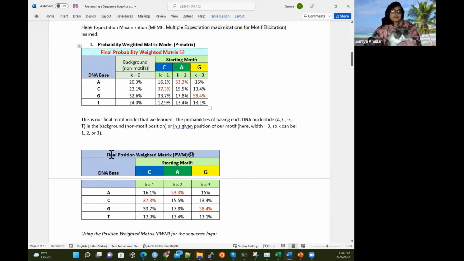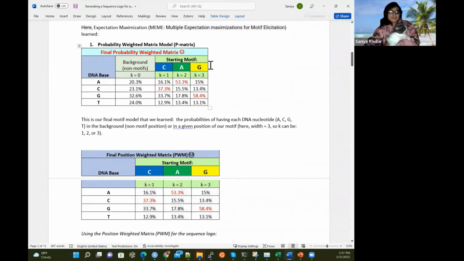But in the final matrix that we're using to generate the sequence logos, what we would really be wanting to look at would be that final position weighted matrix. So everything that does not include the background. We just want to use the parts that are estimating the motif. And that's what we end up doing.